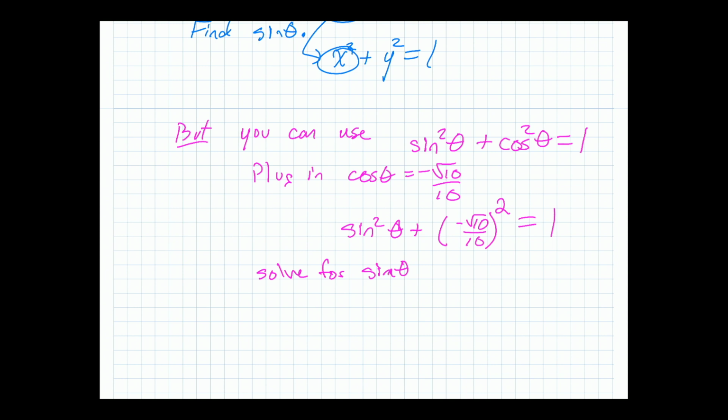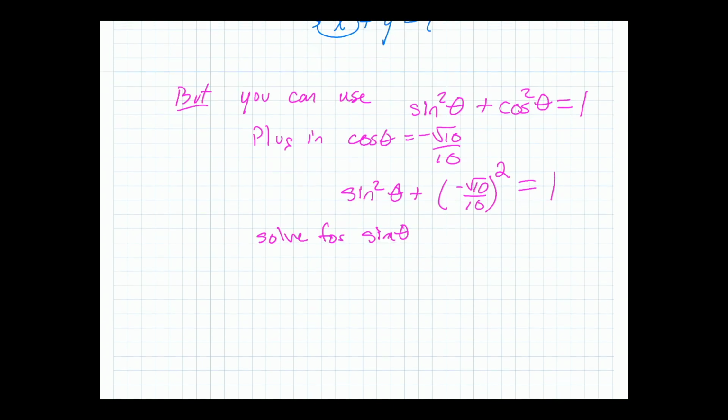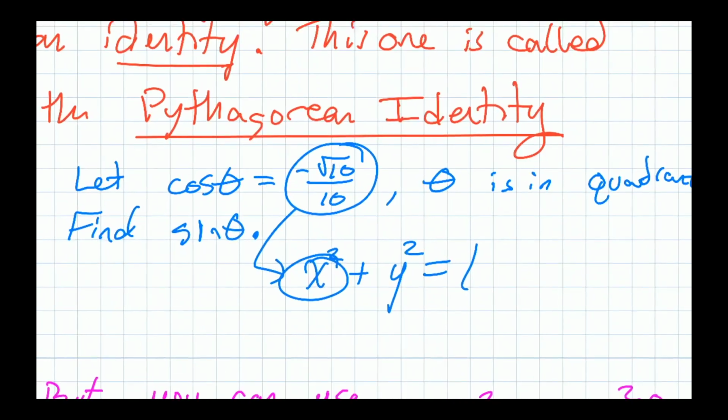Using this identity lets you find sine theta directly without having to talk about x and y's. Okay, so that's the only advantage, and that's pretty much why they use it in this section. So it's just the same as solving it in the x squared plus y squared equals 1 form.